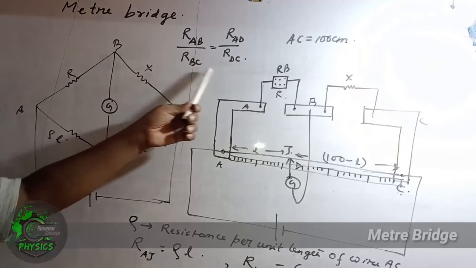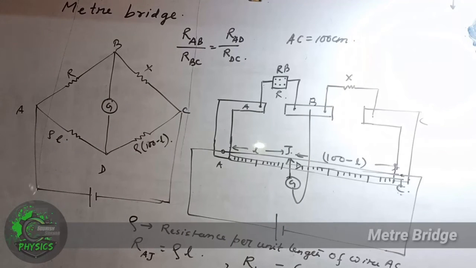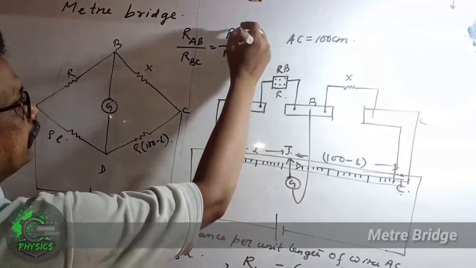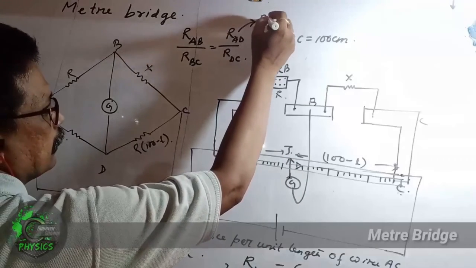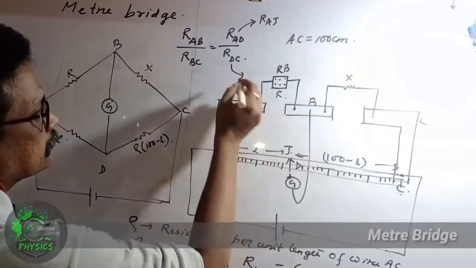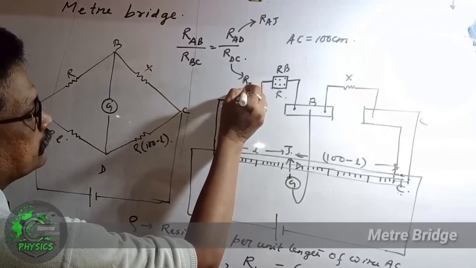Now, according to the condition of a balanced Wheatstone bridge, this RAD is the same as RAJ, and RDC is the same as RJC.